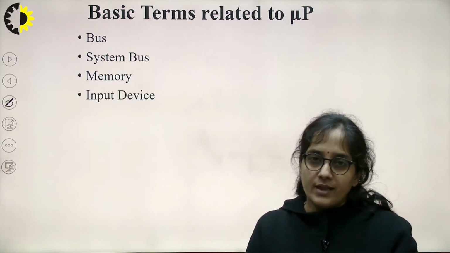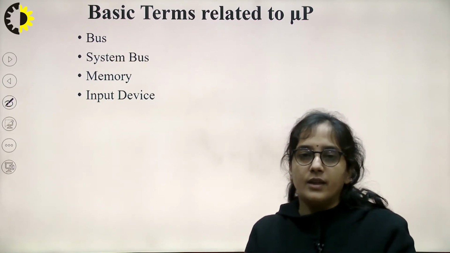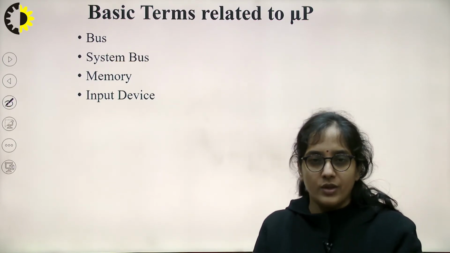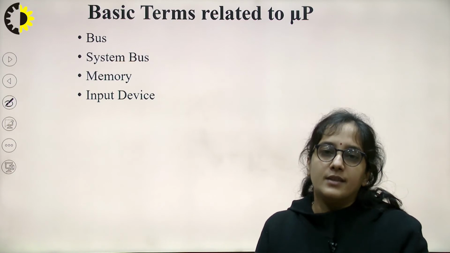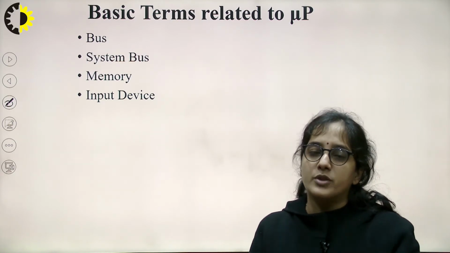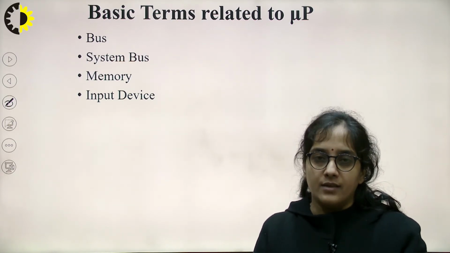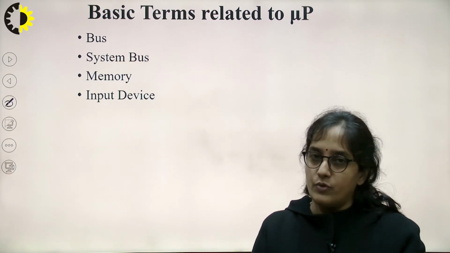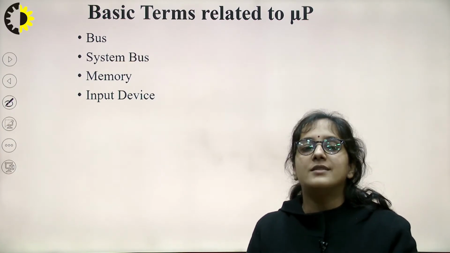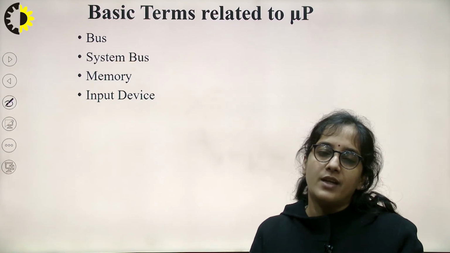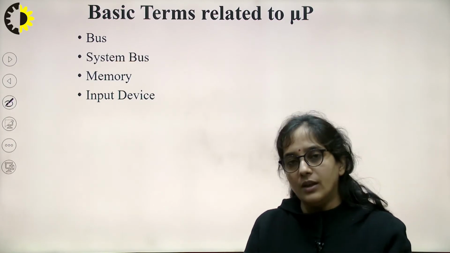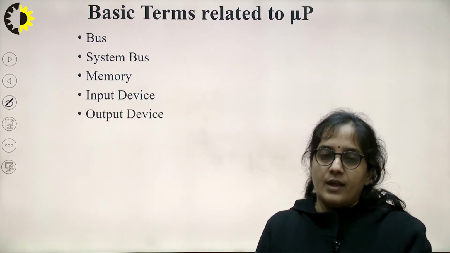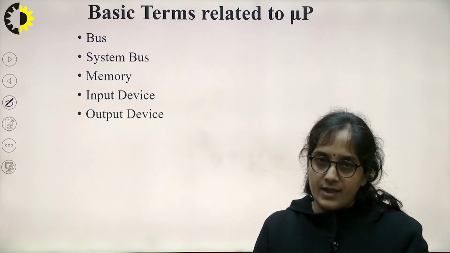Then the input device. I think all of you are aware of input devices, but just for recall, input devices are the devices used by the microprocessor to take data, like keyboard, mouse, scanner. All these are input devices because they give input to the microprocessor. Then the next term is output device.